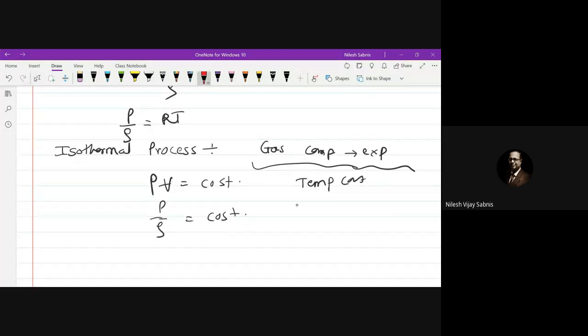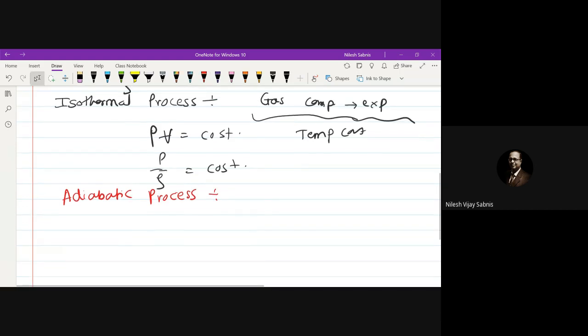Then second comes adiabatic. Adiabatic process means what? What will happen in the adiabatic process? Anyone?